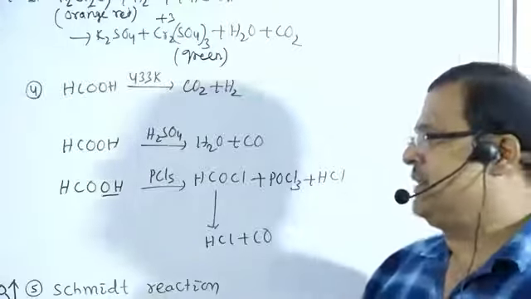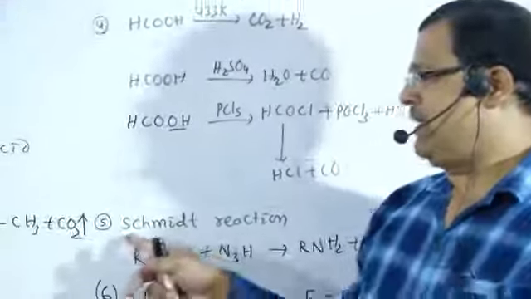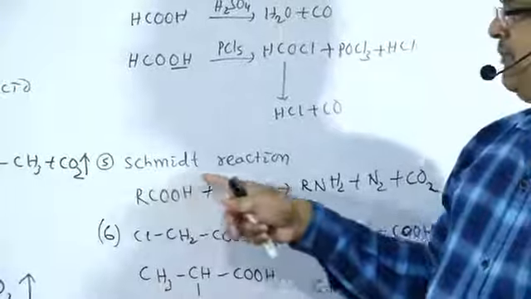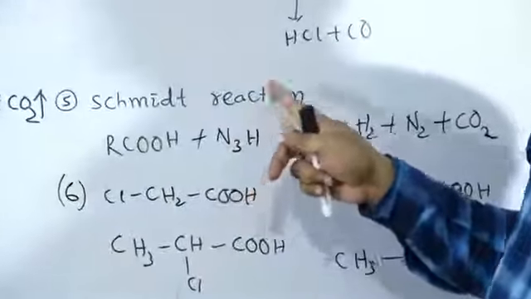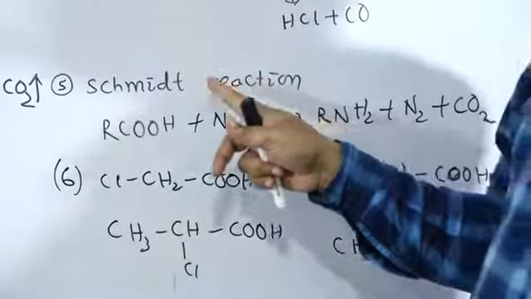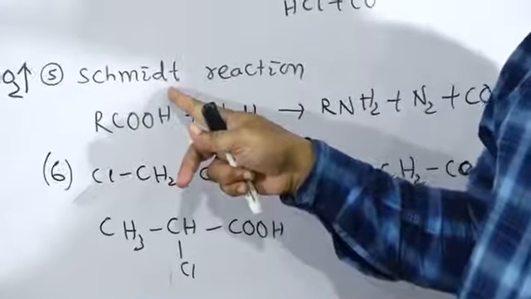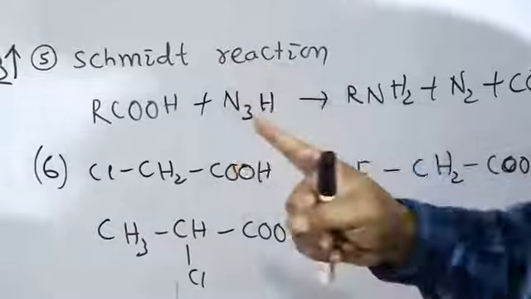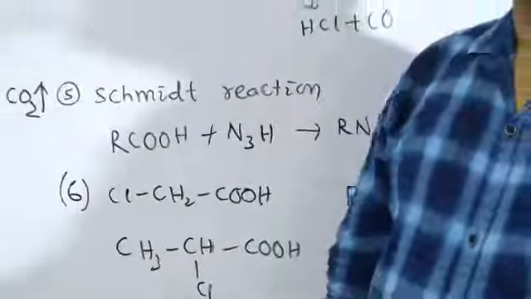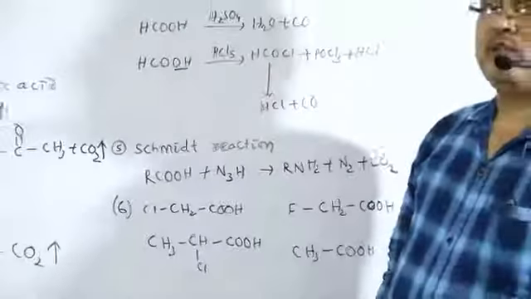Next one, what is the Schmidt reaction? This is one of the important methods for the preparation of aliphatic amines with one carbon atom less from the carboxylic acid.